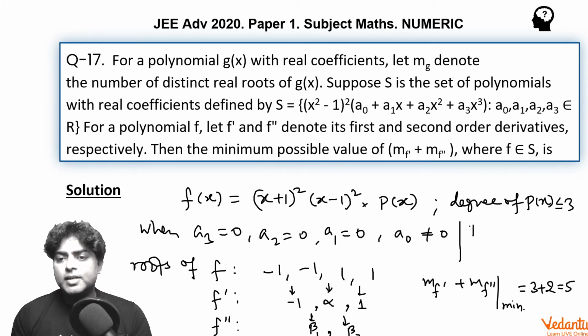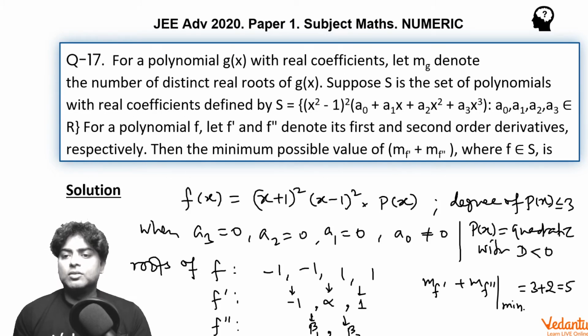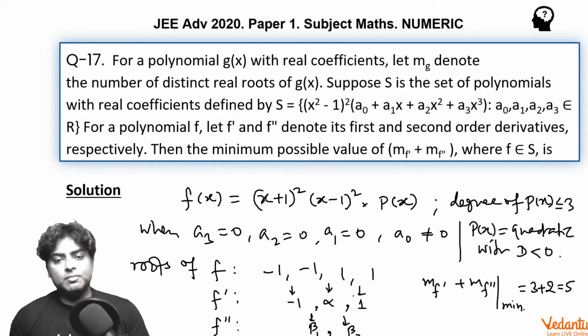So in the case when p(x) is quadratic with negative discriminant, again p(x) has no real root, and so the final answer is the same as we have seen in the first case, 5.